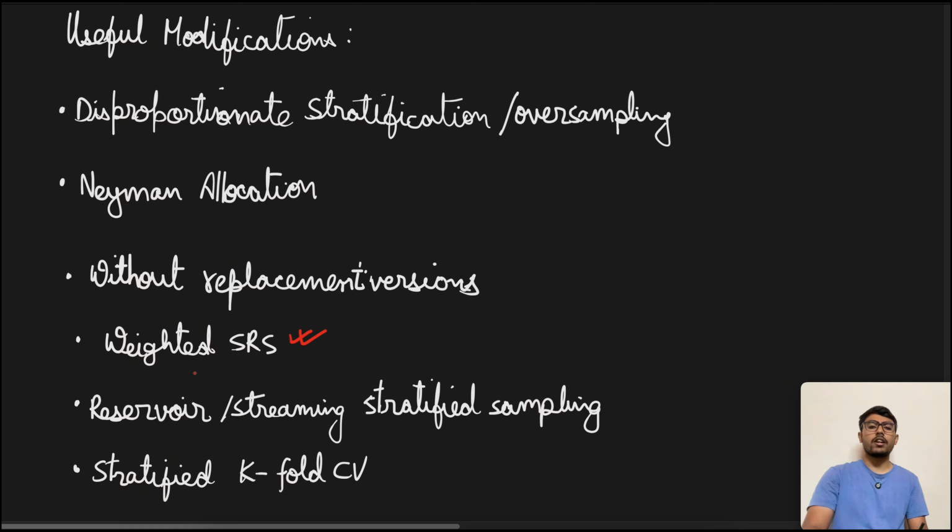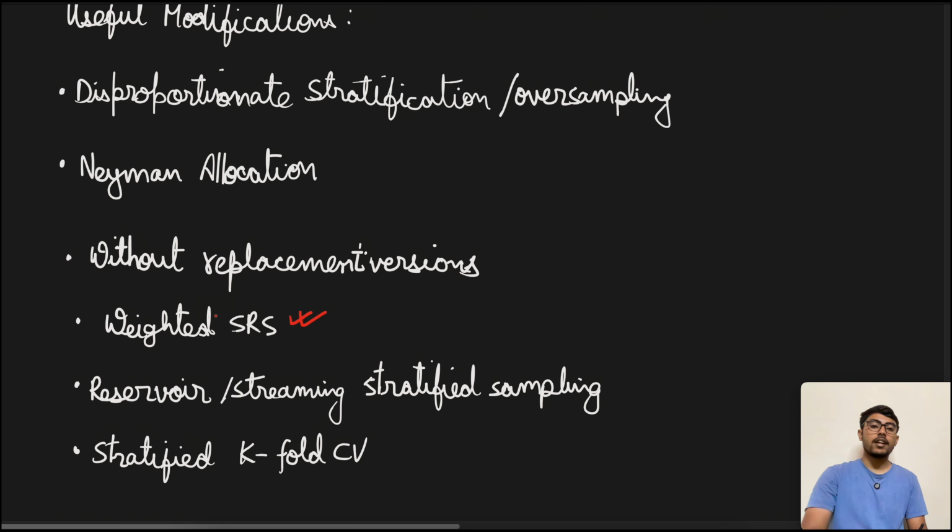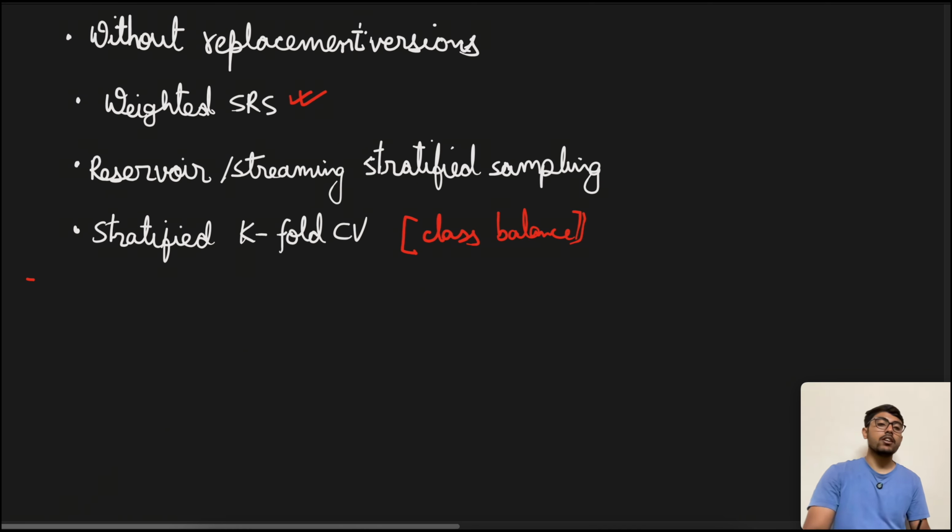Then there is reservoir sampling or reservoir stratified sampling, which maintains proportional samples of data from the data streams. And then at the last we have stratified k-fold CV, and this is mostly taken into account with the class balance or class imbalance problem. Okay, so that was kind of the overview of this problem.